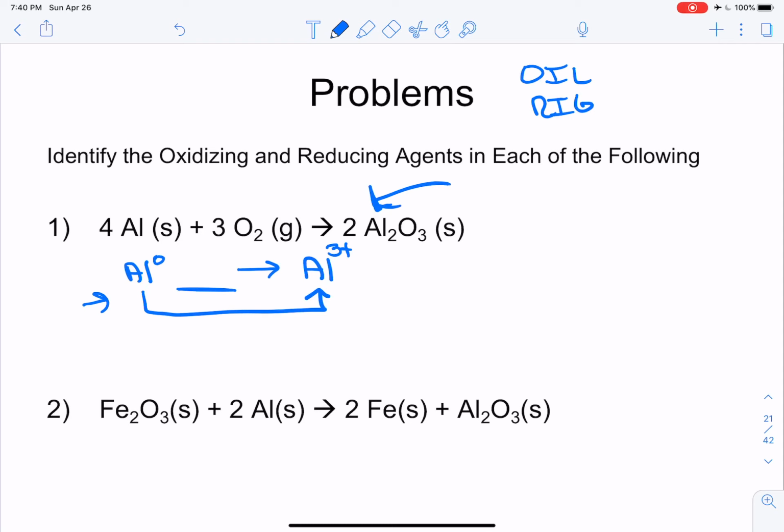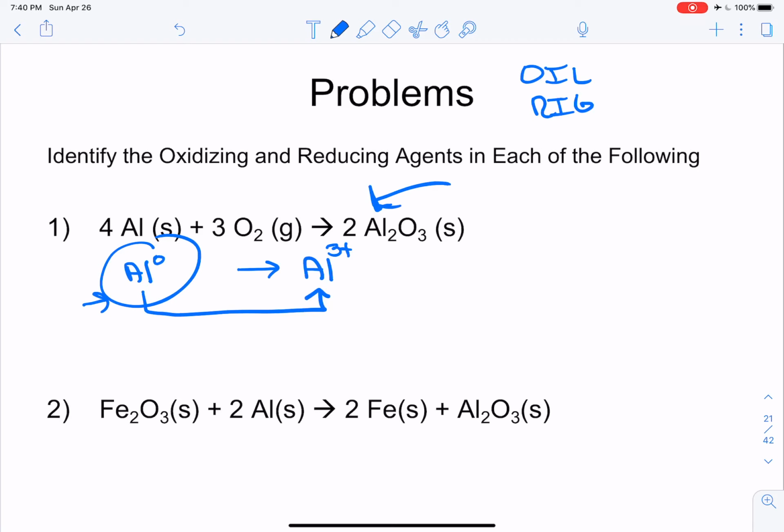Now, this is going to seem kind of funny because a lot of students want to put plus electrons on this side, but that's not what we're going to do, because we're not adding electrons to Al with the oxidation state of 0. What we're doing is taking this aluminum and turning it into aluminum +3.